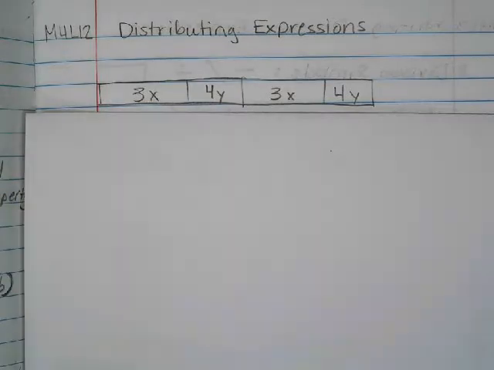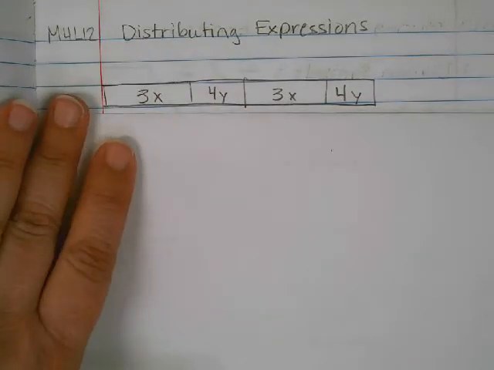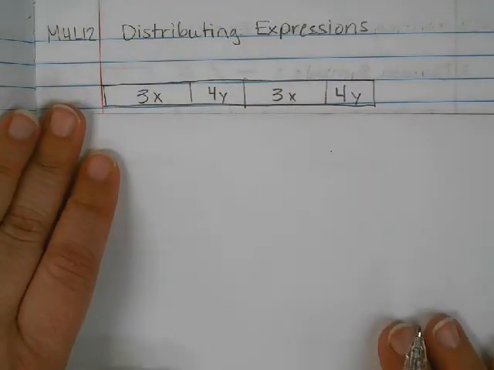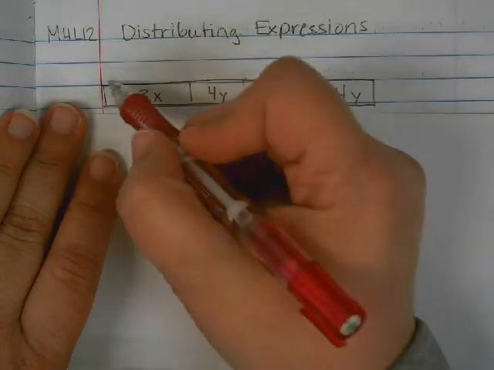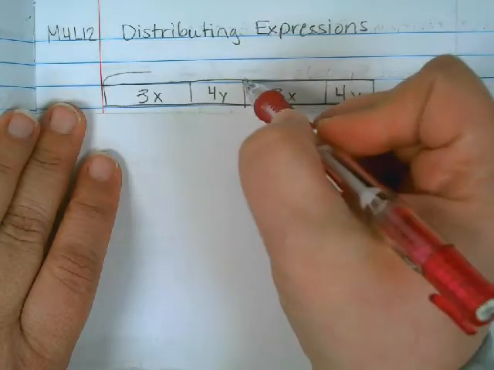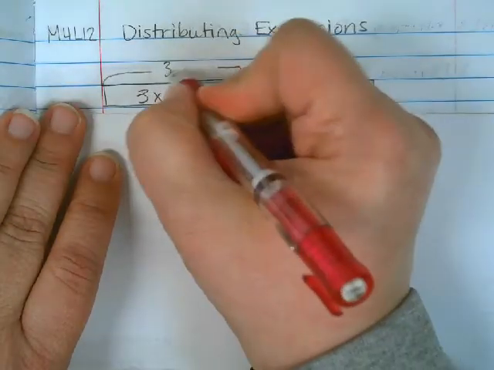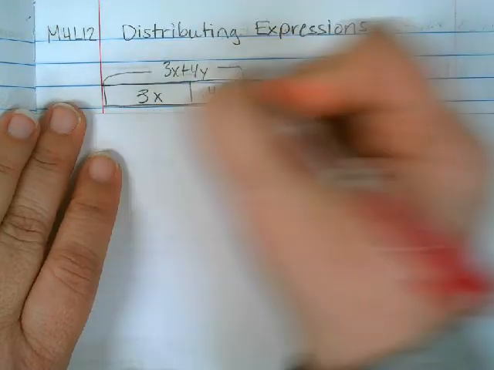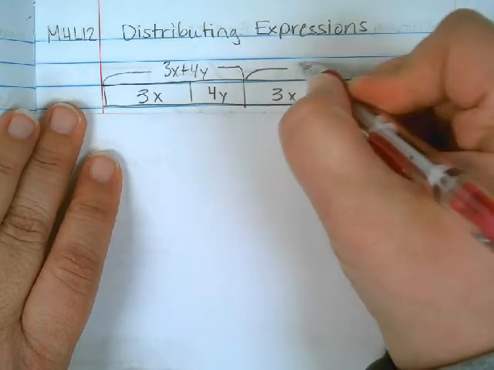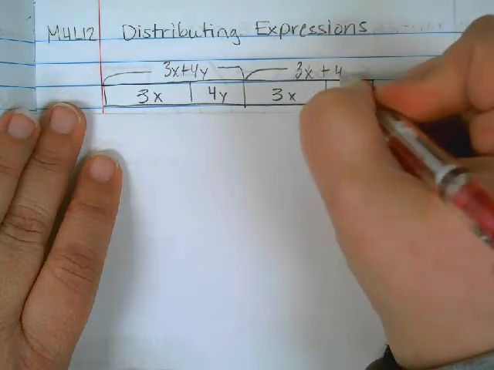So the first thing I want you to do is make this tape diagram here. 3x and 4y and 3x and 4y. And we talked about this yesterday and we practiced this yesterday. We know that this is a group of 3x plus 4y, and this is a group of 3x plus 4y.